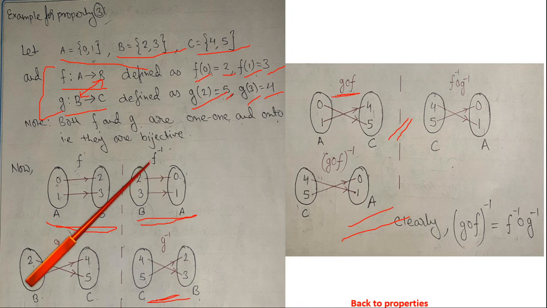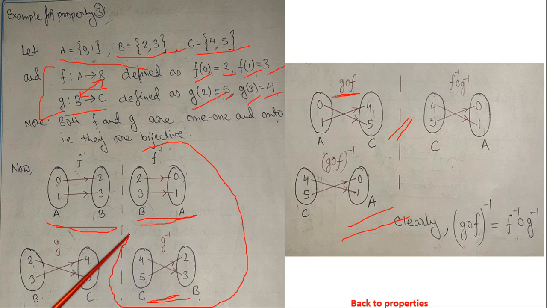Now here see these two, we have F inverse from B to A and G inverse from C to B. So G inverse is from C to B, and F inverse is from B to A. So these two are same.